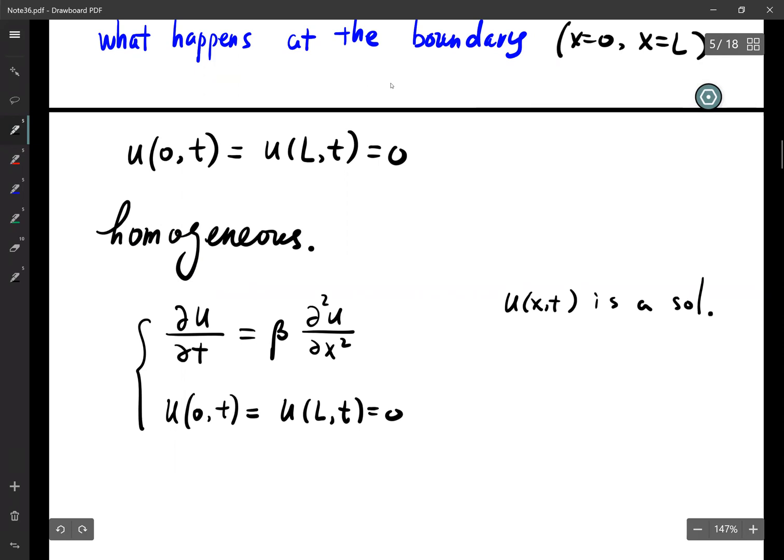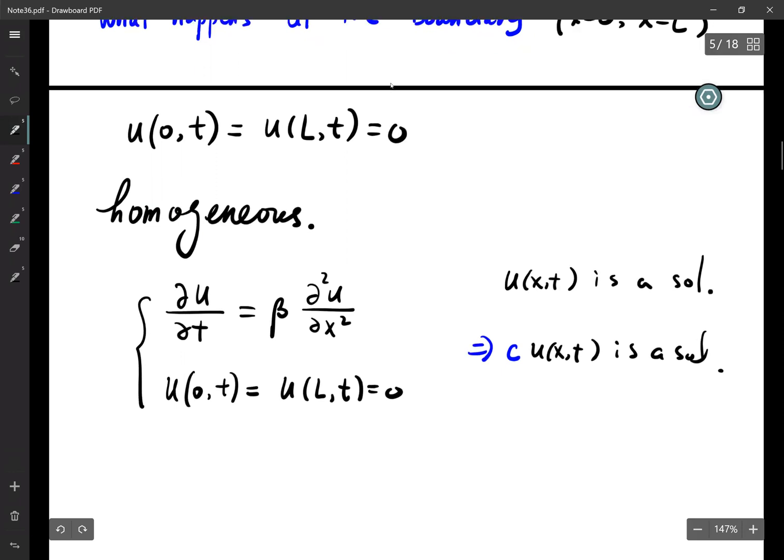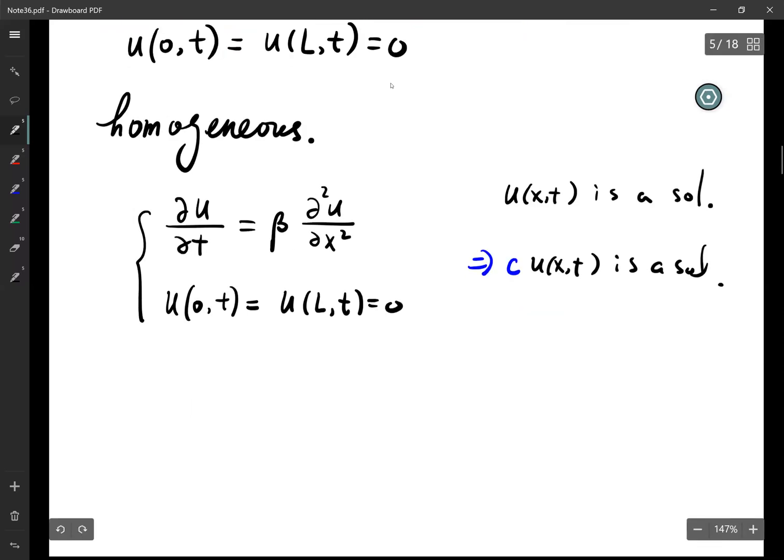And the hallmark of a homogeneous equation is that if u(x,t) is a solution, then any constant C times u(x,t) is also a solution. This can be easily verified. On the left and right hand side, I multiply by C. So indeed, Cu satisfies the heat equation. And now for the boundary data, C times 0 is 0, and indeed, it satisfies the solution.